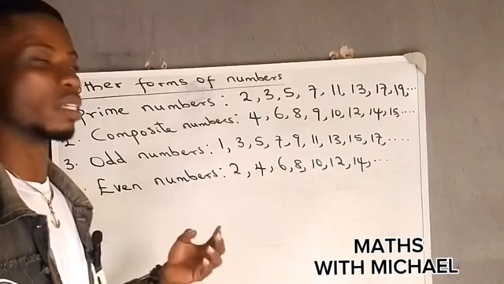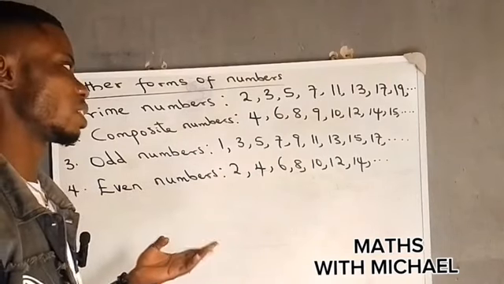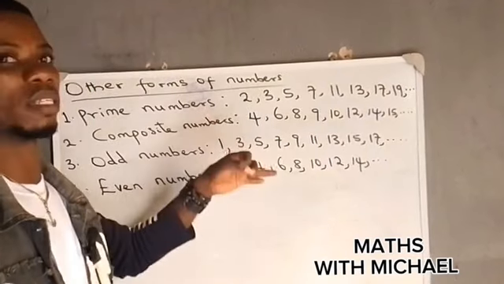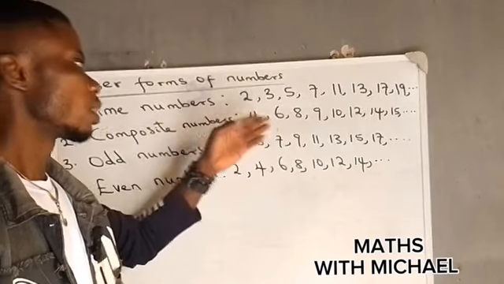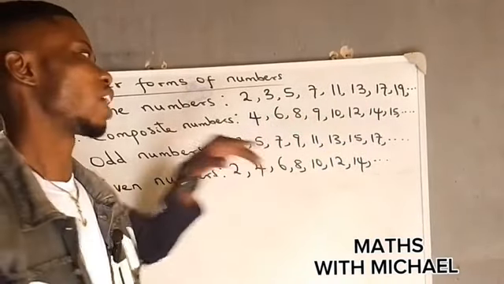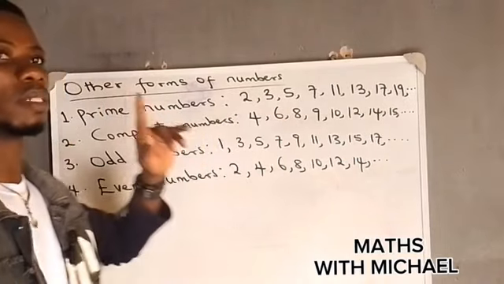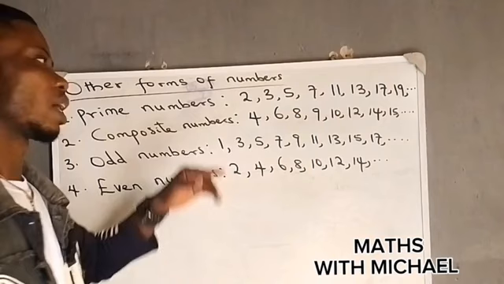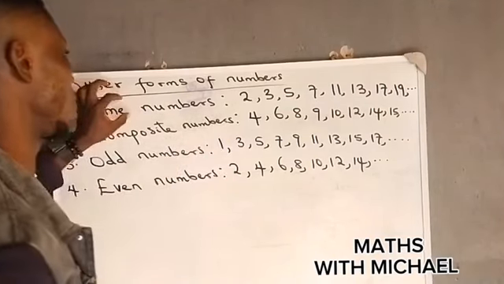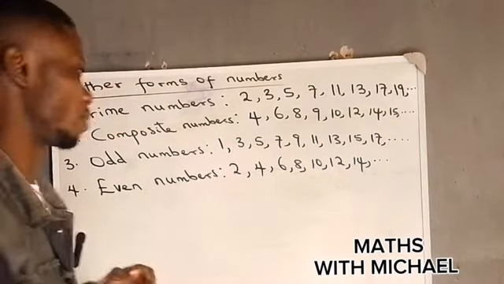Another one is 6. The numbers that can divide 6 include 1, 2, 3, and 6 itself. These numbers that can be divided by other numbers outside 1 and themselves are regarded as what? Composite numbers. They are the direct opposite of prime numbers.